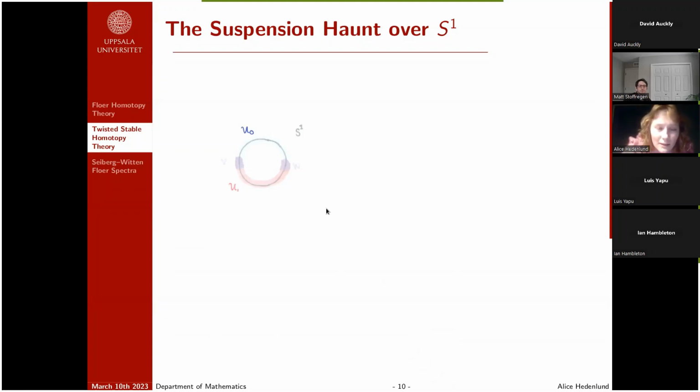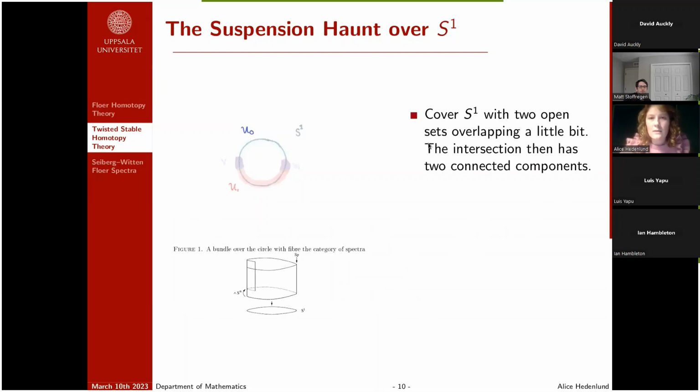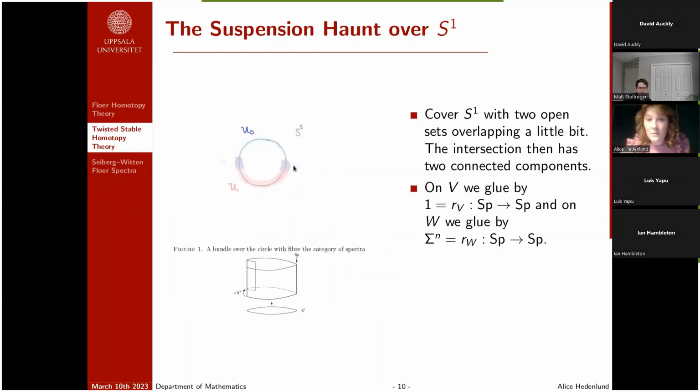It's very light, but here I've covered this by basically the northern hemisphere and the southern hemisphere. And so I cover that with two open sets overlapping a little bit. The intersection is this purple thing here. And you can see the intersection has two connected components, V and W, both of which are contractible.